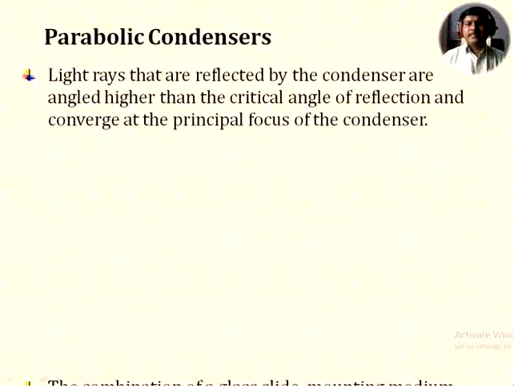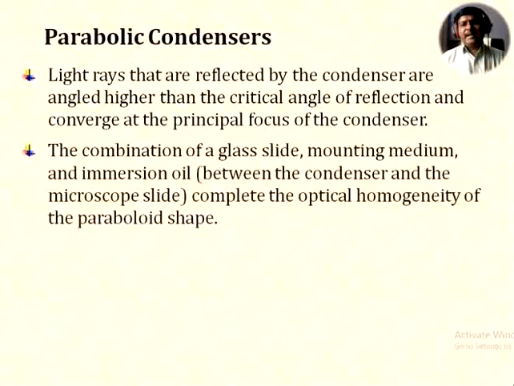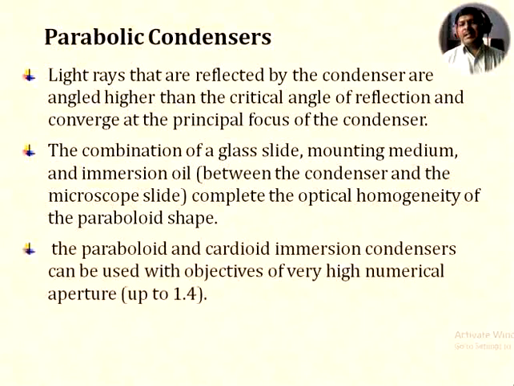The combination of glass slide, mounting medium and immersion oil completes the optical homogeneity of the paraboloid shape of the condenser. The paraboloid and cardioid immersion condensers can be used with objectives of very high numerical aperture.